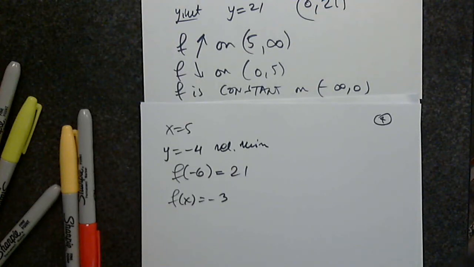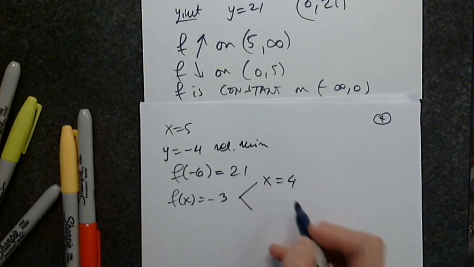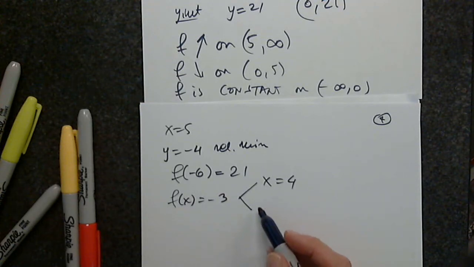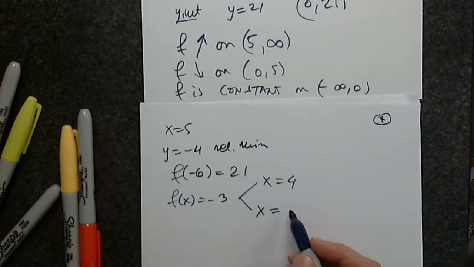No, it's the opposite way. Sorry. No, that's right. Is it 4? Then I did that one right. Yes, x equals 4 or... 7 is on the x-axis. That's okay.